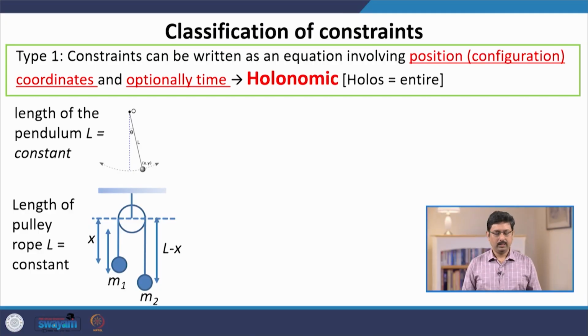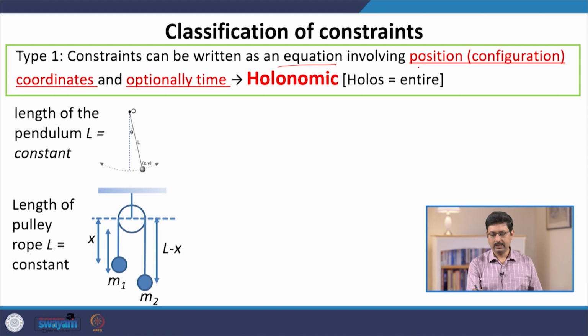So, today we are going to look at the different types of constraints. The first type we are going to discuss is the constraints that can be written as an equation. Now, what kind of equation?